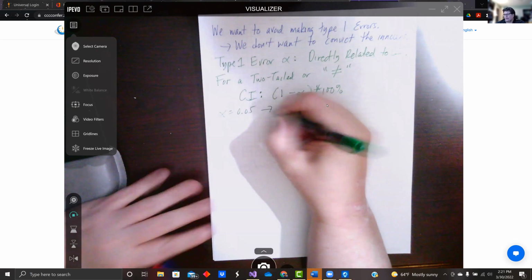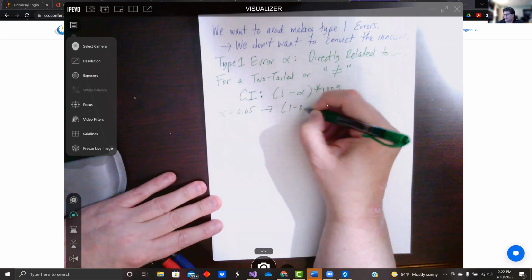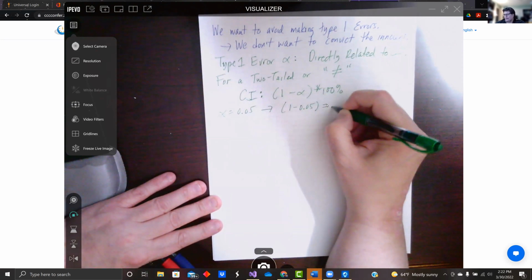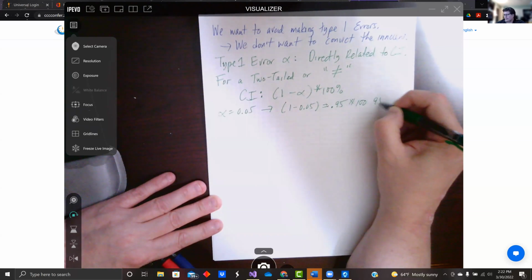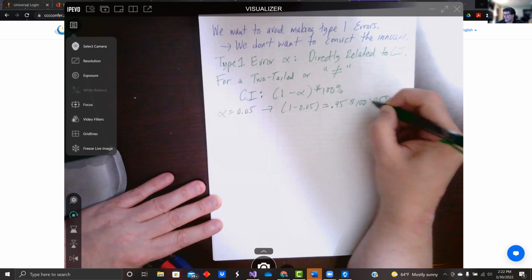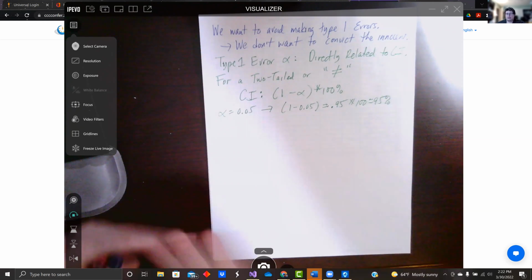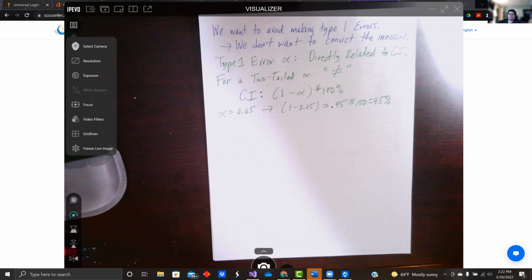Our confidence interval ends up being 1 minus 0.05, which is 0.95. Then we multiply it by 100, it's 95%. So when alpha equals 0.05, our normal level of unusualness, 5%, we get a 95% confidence interval. This is when the alternate hypothesis has a does not equal to it. And I'll show you some of the symmetry of that a little bit later.